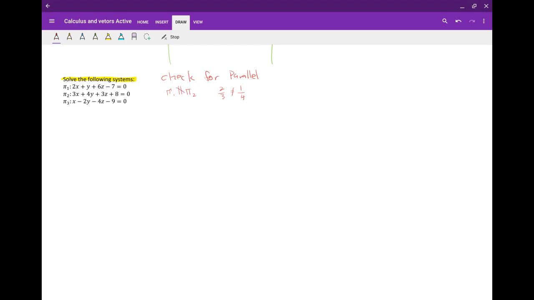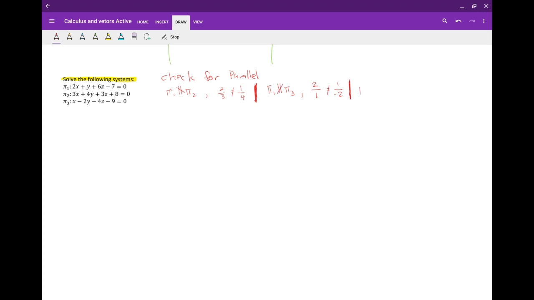Okay. Is plane 1 parallel to plane 3? Plane 1, 3. Well, I'm going to check 2 over 1. Is that equal to 1 over 2, negative 2? No. So therefore, these guys are not parallel either.